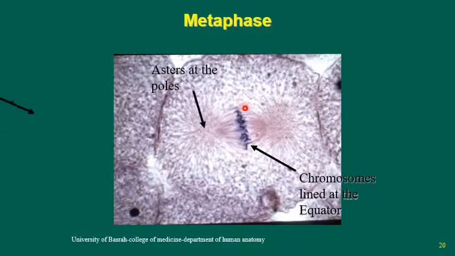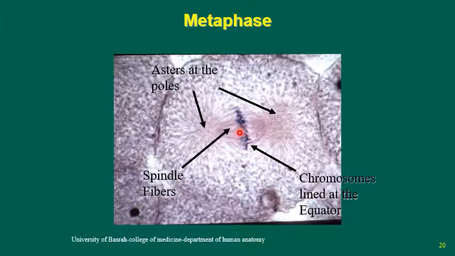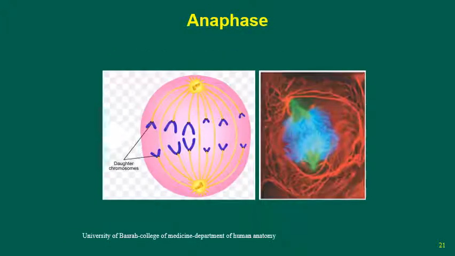And this image shows alignment of the chromosomes at the equatorial plane. Each chromosome contains 2 chromatids bound to each other by the centromere. The next stage is called anaphase. Anaphase is characterized by the following.